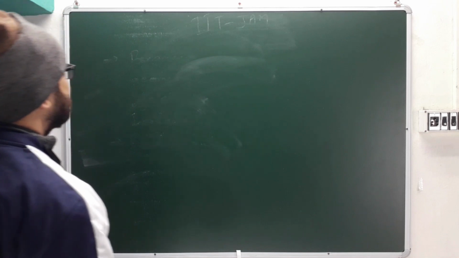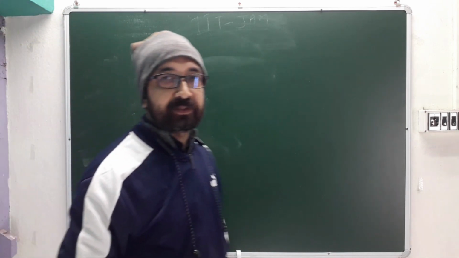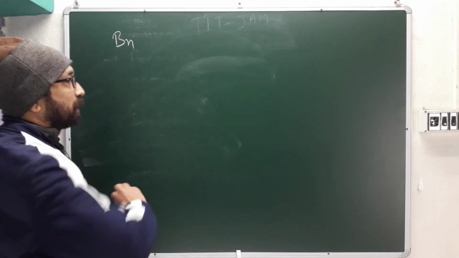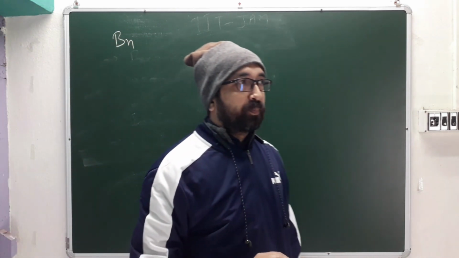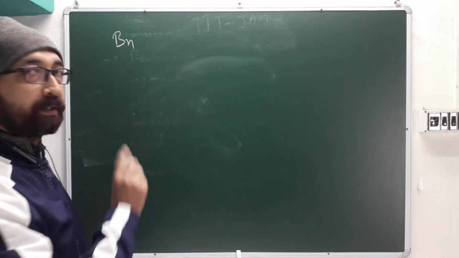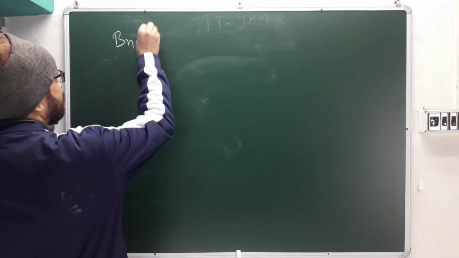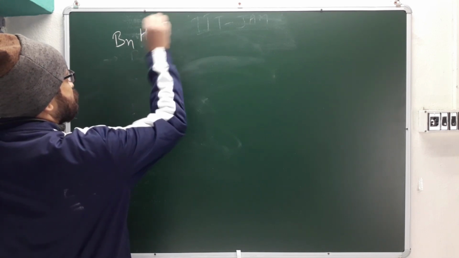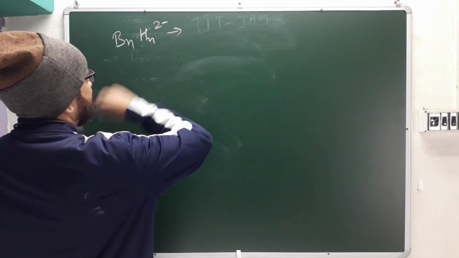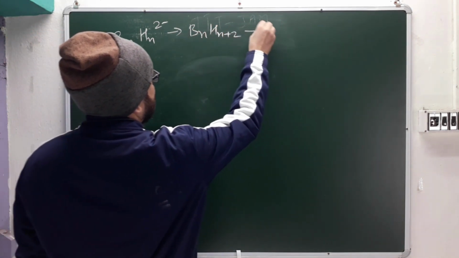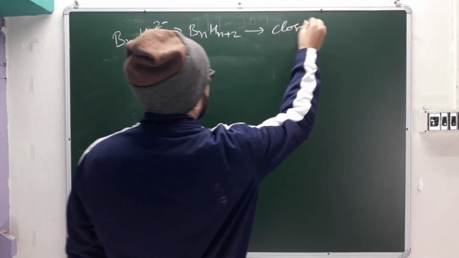Let's see, in Borane some formulas are there. Let me discuss the formulas with you. It will be better if I discuss with examples, but before that I'll write down the formulas. If it is BnHn 2 minus, we can also write it as BnHn plus 2, then it will be closo, correct?